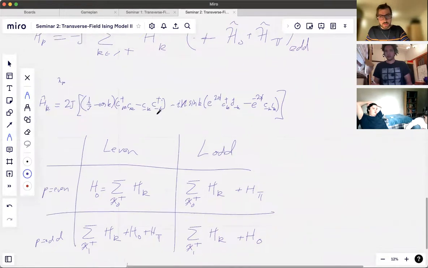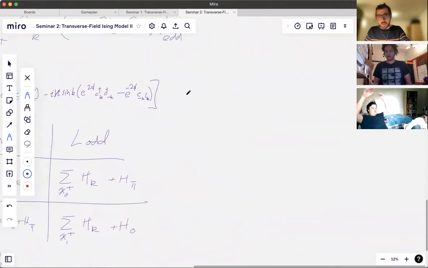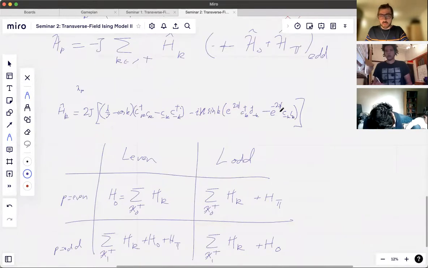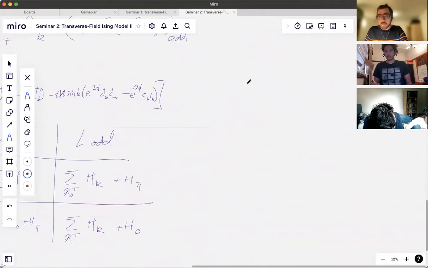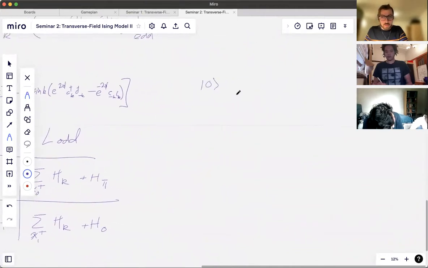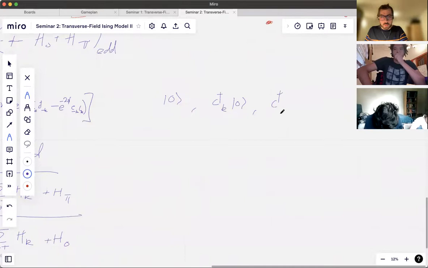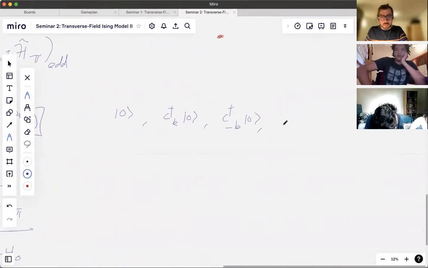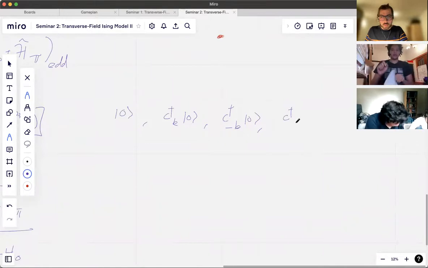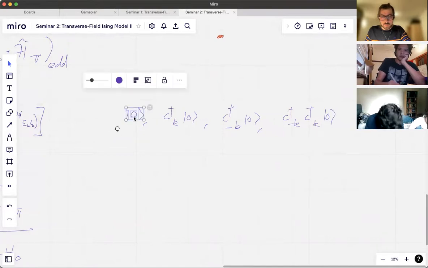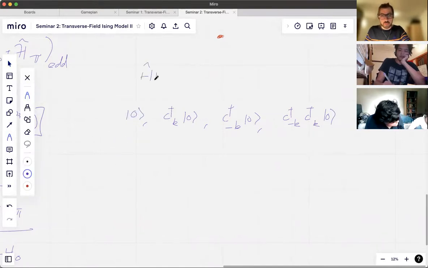So each HK acts on 4 basis vectors: the vacuum, everyone's favorite, the state with 1 K particle, the state with 1 minus K particle, and the state with 1 K and 1 in minus K. So each HK acts on a 4D Fock space.